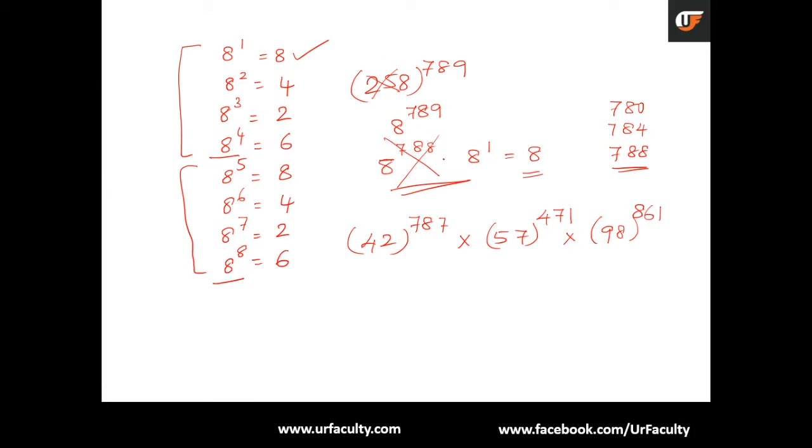They'll ask you to find the units digit of this number. So what you do in this case is find the units digit of this, then this, and then this, and multiply all of them. Very simple.